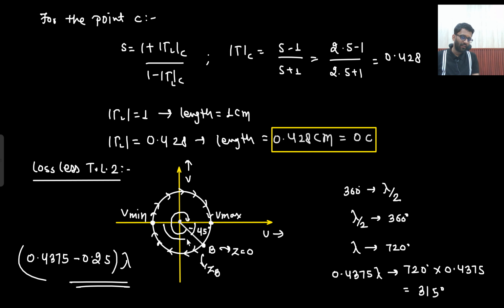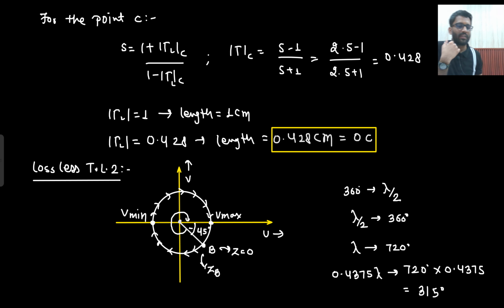This angle will be 135 degree. If you know 135 degree, then you would know that this will be minus 45 degree. But they have mentioned Vmax. That means I have covered 0.4375 lambda, that means I have covered 315 degree. So this angle has to be 45 degree.